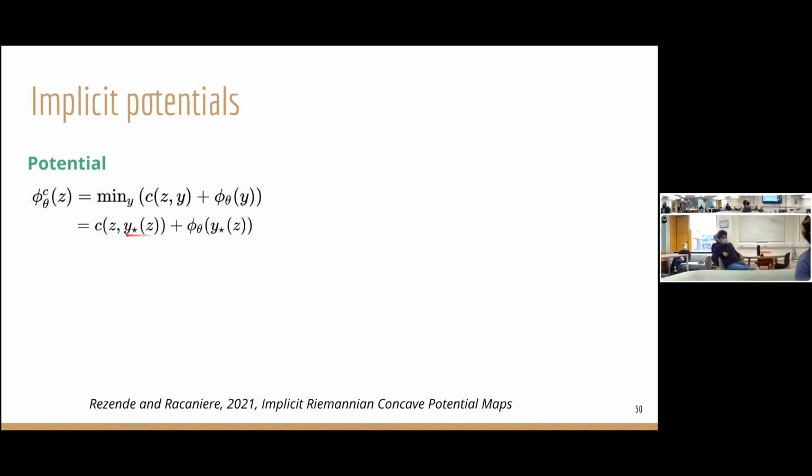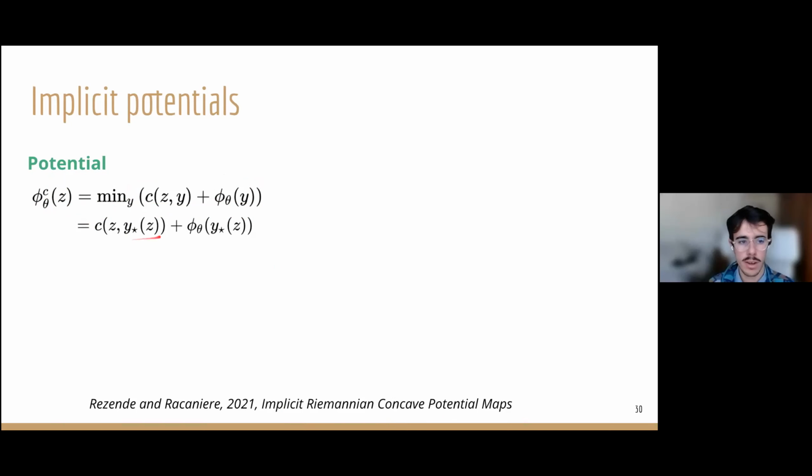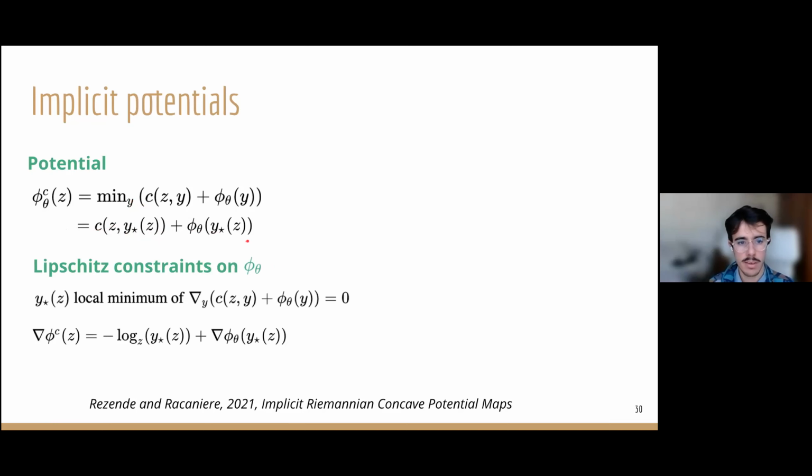So here, if we write y star for the solution of that minimization problem, then it is given by that. And what this paper looks at are constraints on this neural dual potential phi theta, so that if you apply stochastic gradient descent, the minimum that you find is the global minimum defined here.